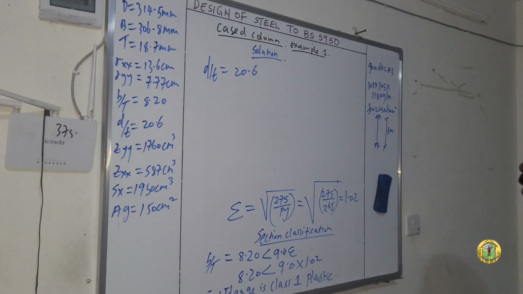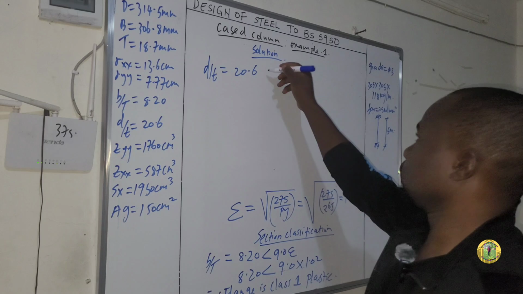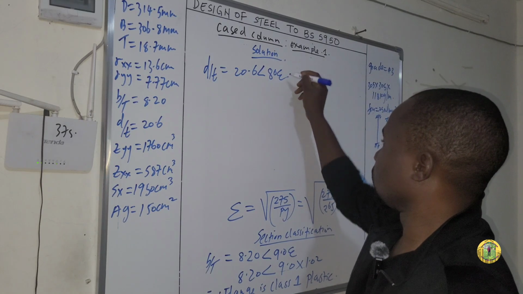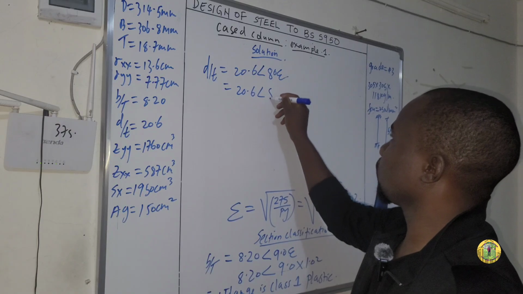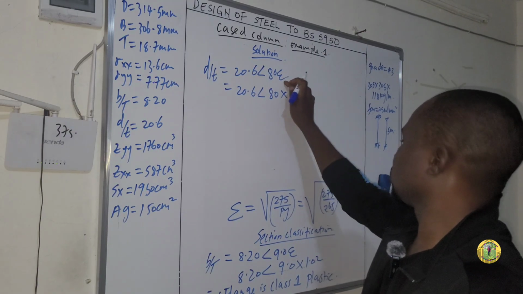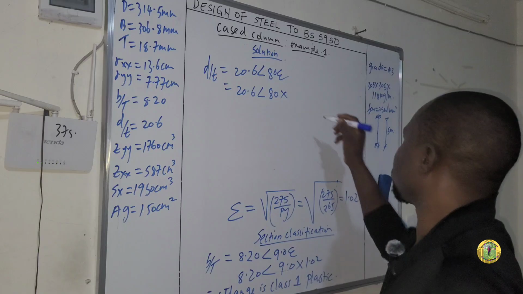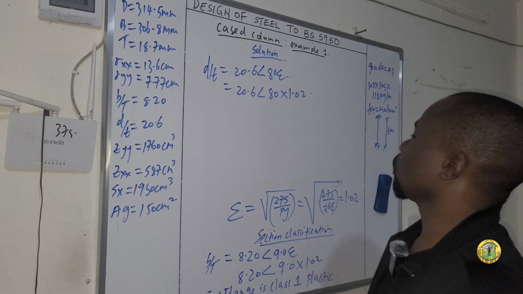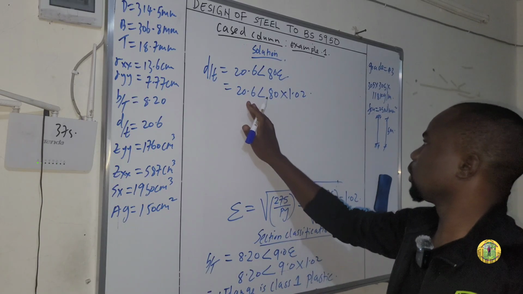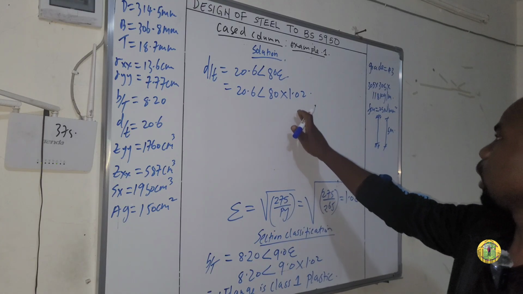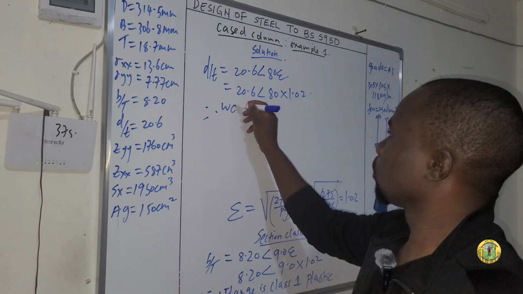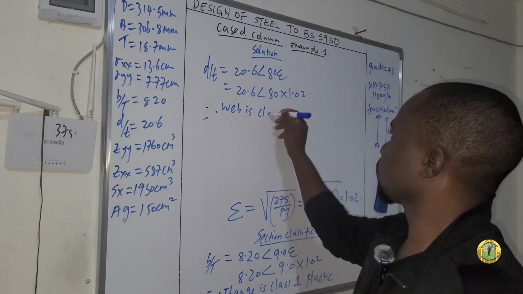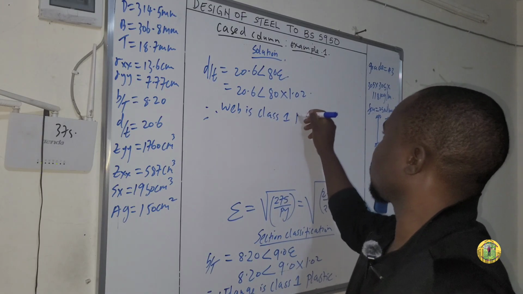And from the table provided by BS5950, 20.6 is less than 80, like that. So this one is 20.6 is less than 80 times 1.02. So it is again true, 20.6 is less than 80 times 1.02. Therefore, the web is class 1 plastic.